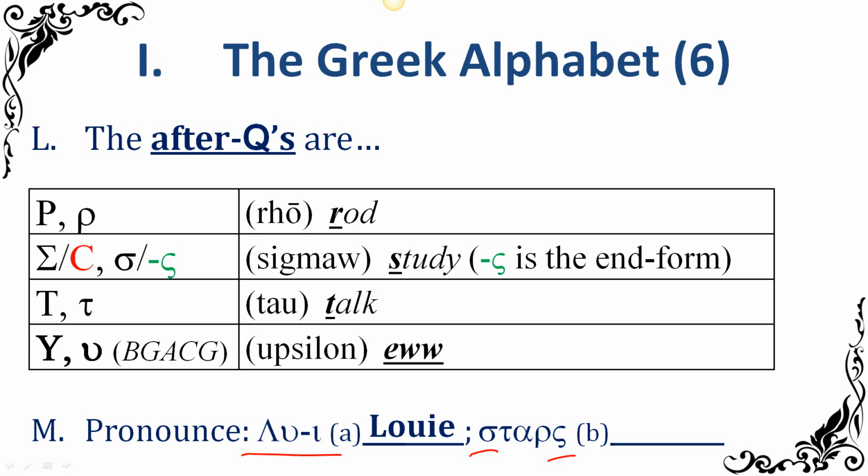It still sounds exactly the same. There's no change in sound, it just looks different. Stars. Yep, you got it. Sigma, tau, alpha, rho, sigma, stars. And if you're seeing stars in this class, you might be in the right class, you might not, depends.